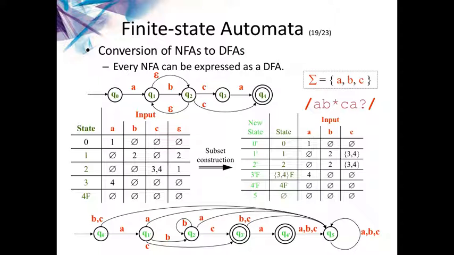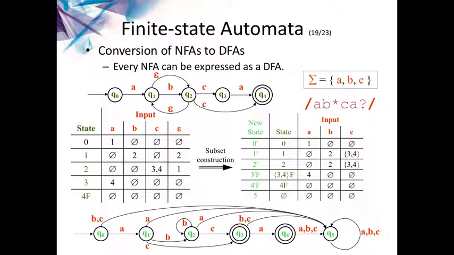So, if you're in Q node and if you get an A, you can land in either 1 or 2, then you're going to create a state that is called 1, 2. And this state represents the case 1 or 2 in one state.